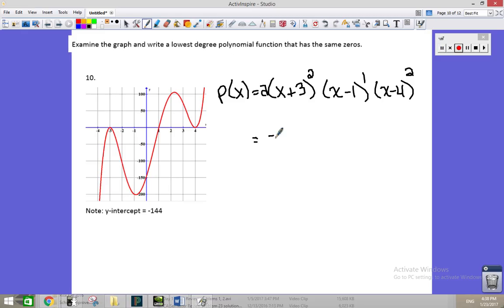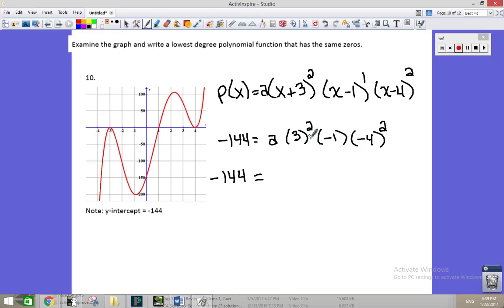So I don't know what a is yet, but when you have 0 plus 3, you'll have 3 squared. 0 minus 1 is going to be -1. 0 minus 4 is -4, but that's going to be squared. And we need a so that when you multiply all this together, you get -144. All right.